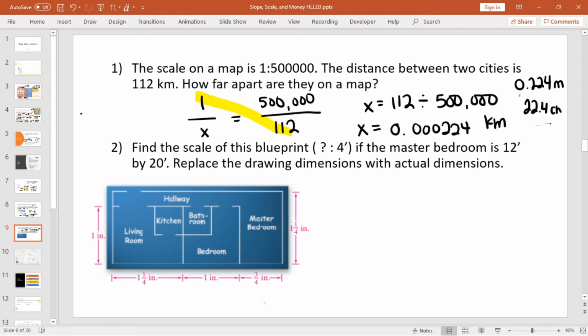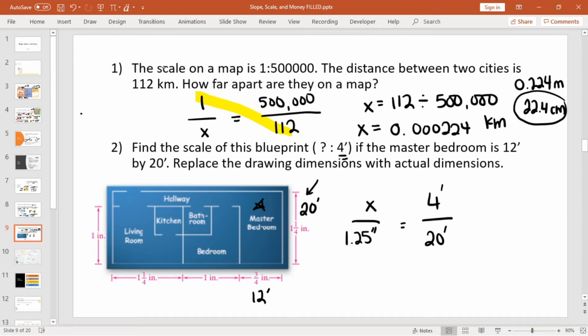So this time I'm looking for my scale. I know that in real life we have 4 feet. And on the drawing, we're going to have some number. I'm going to use the 20-foot one. So I see that to make 20 feet, I have 1.25 inches. And I'm going to figure out what the missing number in the scale is.